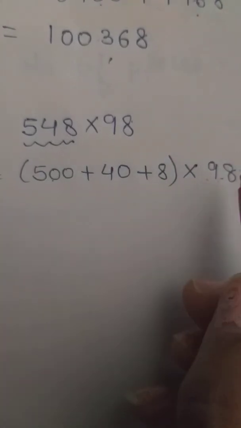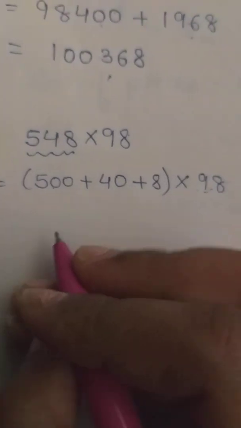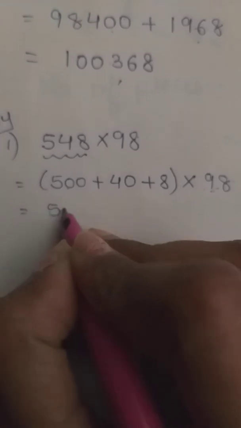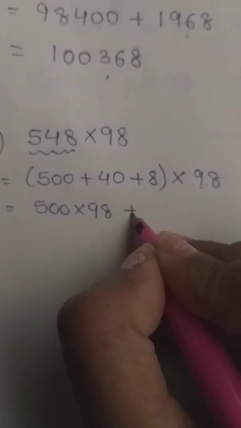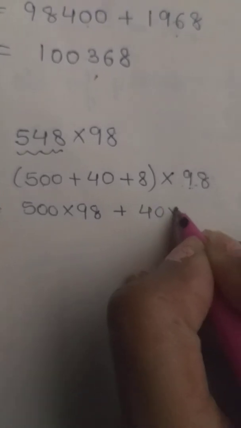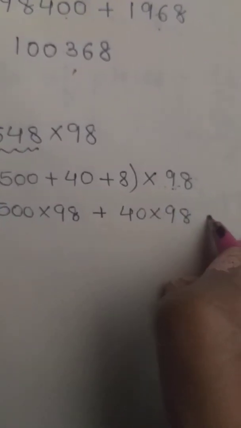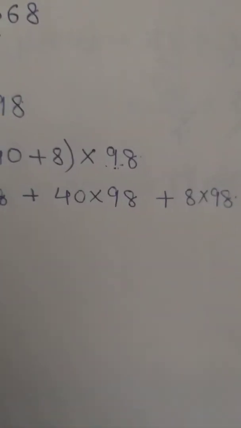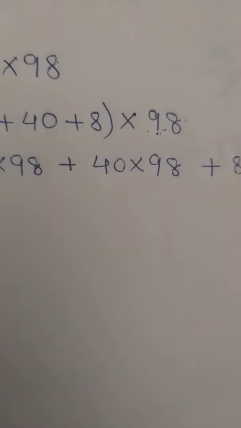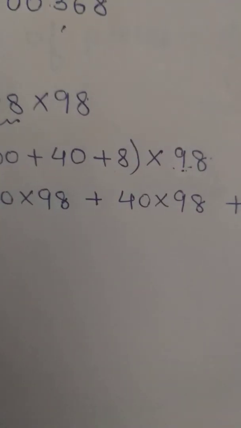So firstly you have to expand the number and whatever the numbers in the bracket, keep on multiplying with the number outside the bracket. So 500 multiplied by 98 plus 40 multiplied by 98 plus 8 multiplied by 98. So keep on multiplying the numbers.